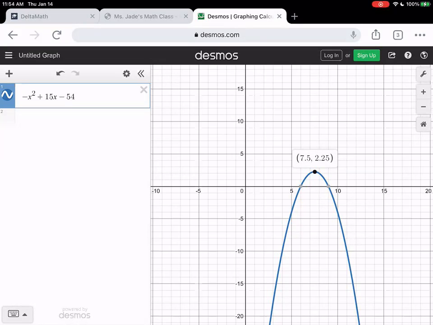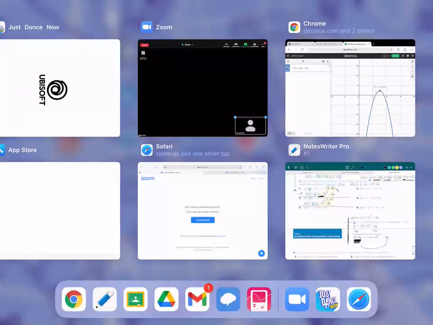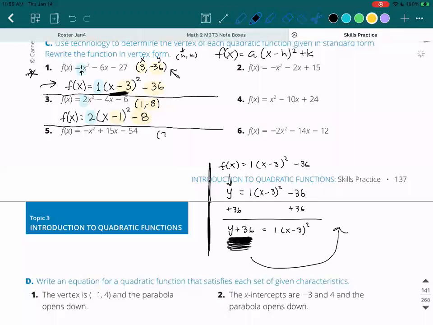Okay, let's go ahead and write that down. 7.5, 2.25. So writing it in vertex form, what is our a value?